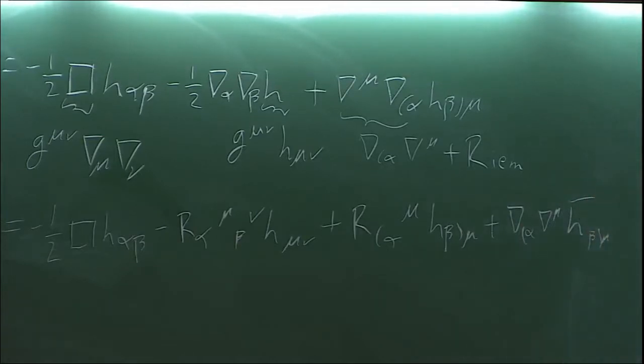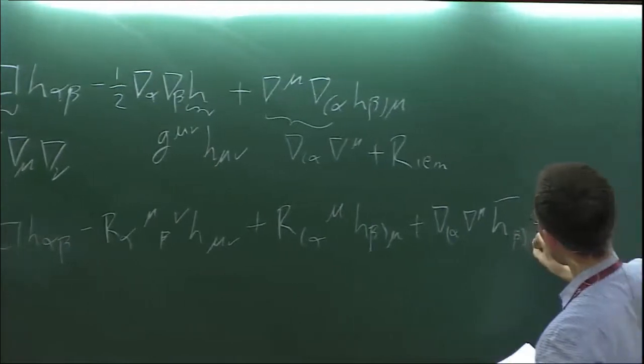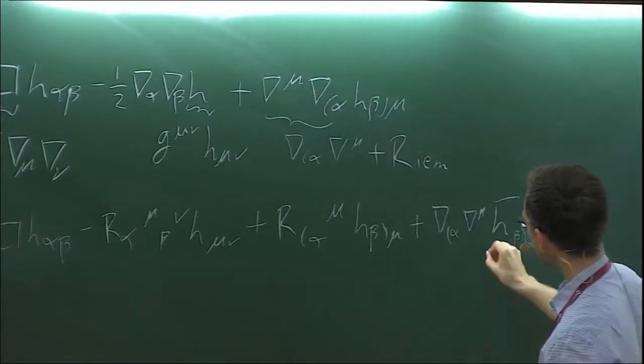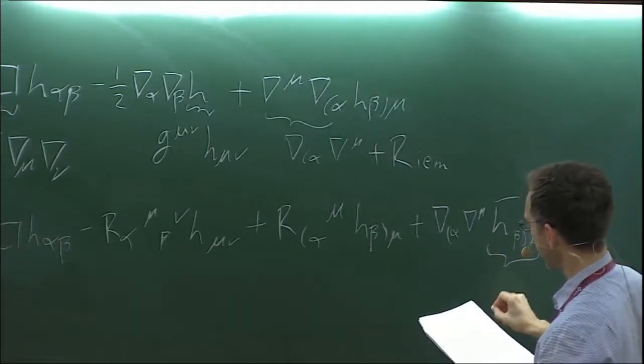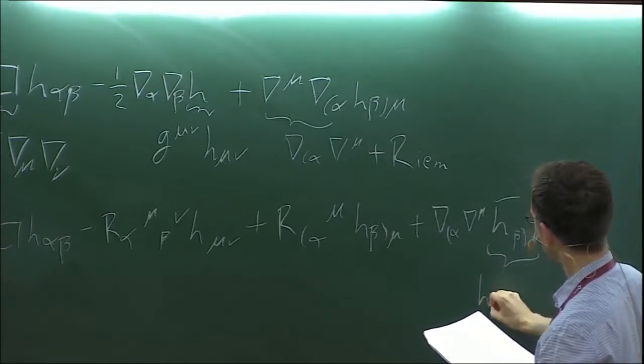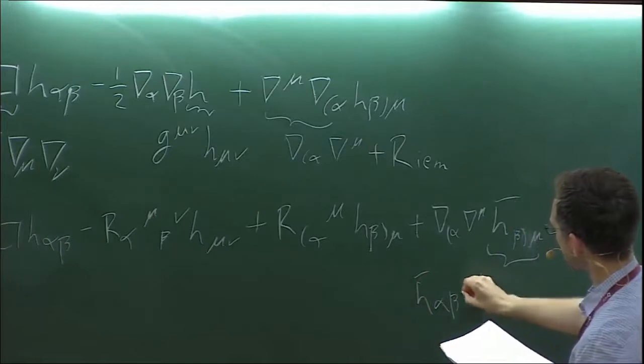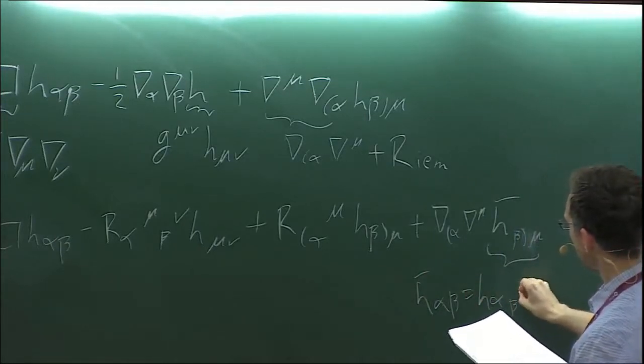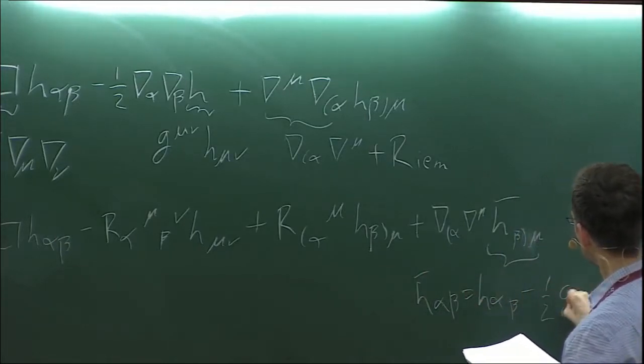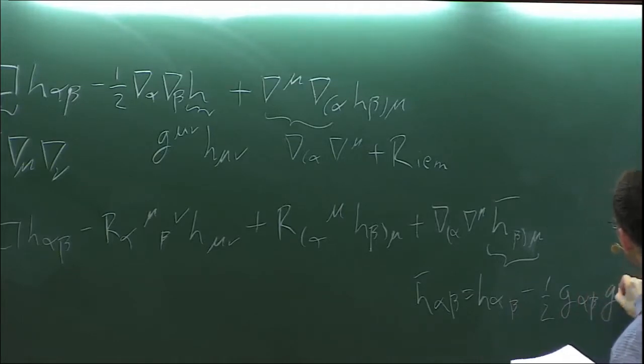Now I'm introducing this quantity h bar. So h bar alpha beta is the trace reverse of h, so it's h alpha beta minus a half g alpha beta g mu nu h mu nu.